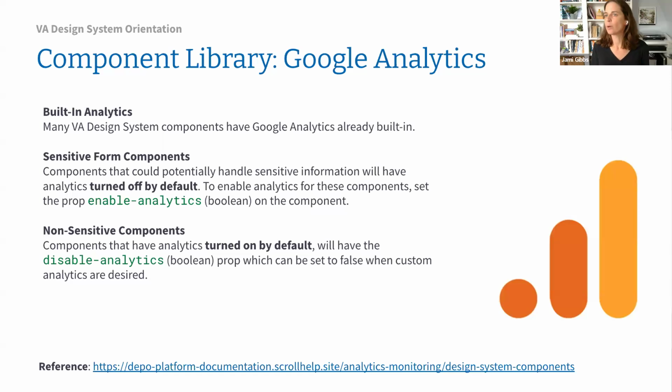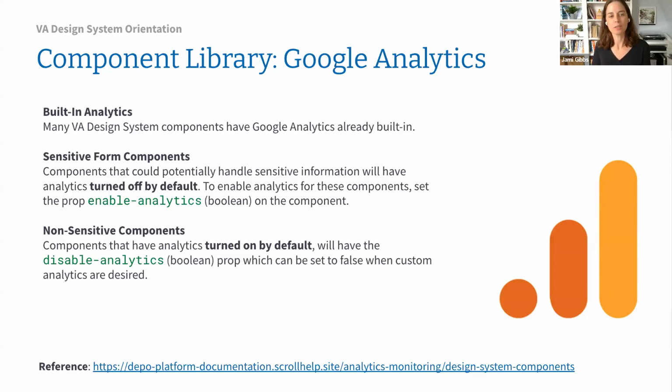These are like text input components or select components. These will have analytics turned off by default. So if you would like to leverage the built-in component analytics, you would need to intentionally enable them with the enable analytics prop.